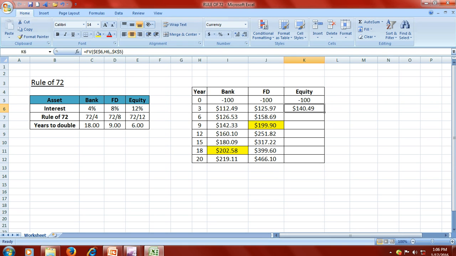Now you have to do a click and drag activity for the other two columns. Press Ctrl V. Now let us conclude that equity is being doubled between 6 years. It is clearly evident. After doing this cross exercise, we can very much conclude that equity is outperforming the other two asset classes consistently.